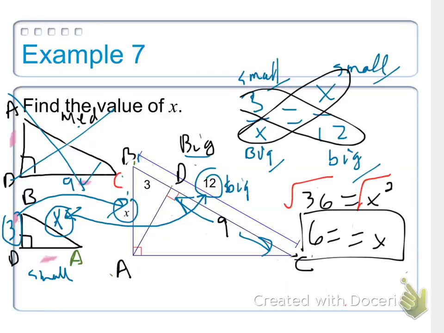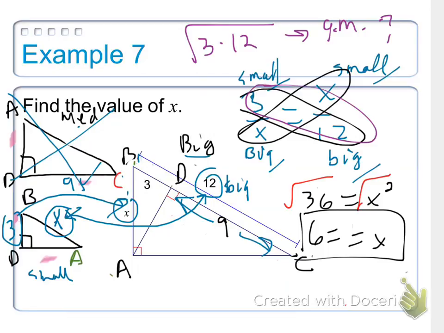Remember, this 36 was 3 times 12, so we actually end up taking 3 times 12 and then the square root. Well, isn't that the same as the geometric mean? Isn't that the geometric mean? So we might be onto some kind of rule here.